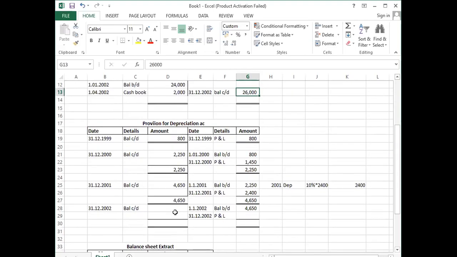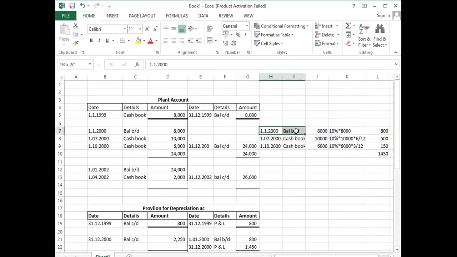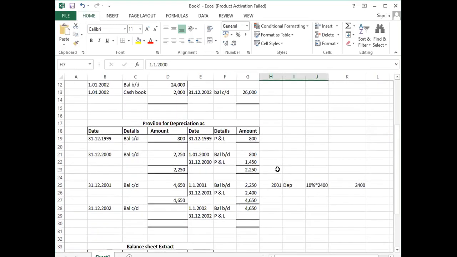So what will be the amount that we take to the P&L? It will involve some calculation, right? We have an amount brought down of that, right? But we also have these items that were bought at this time, right? We have these items.